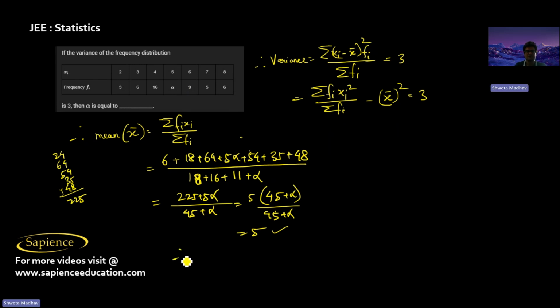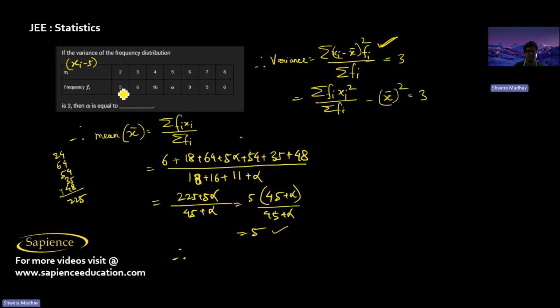So now we have to find the variance. Since mean is independent of alpha, we can use the first formula for variance also. So this I can write xi minus 5 whole square.